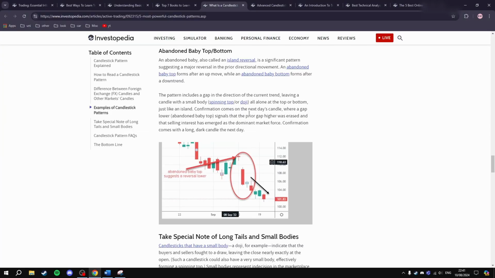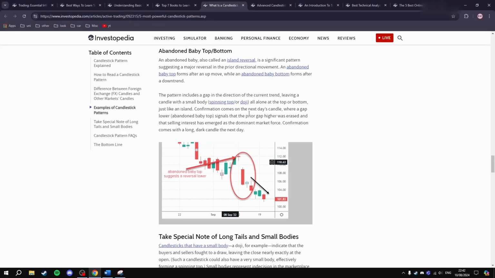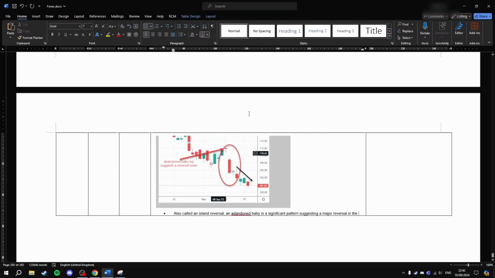An abandoned baby is a significant pattern suggesting a major reversal in the prior directional movement.